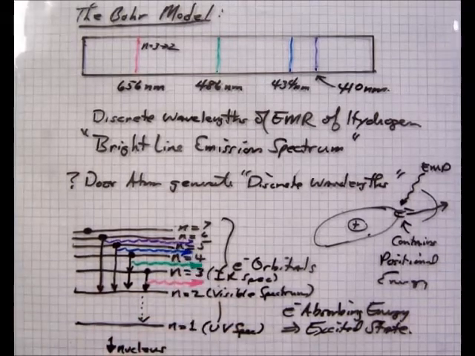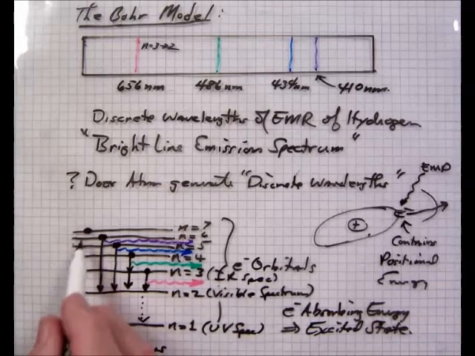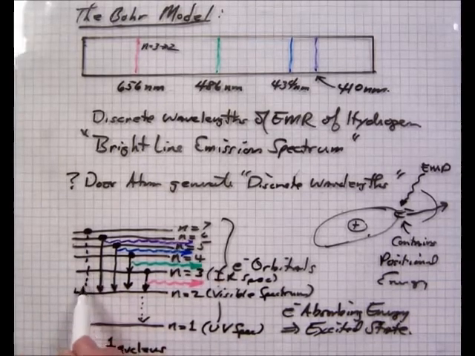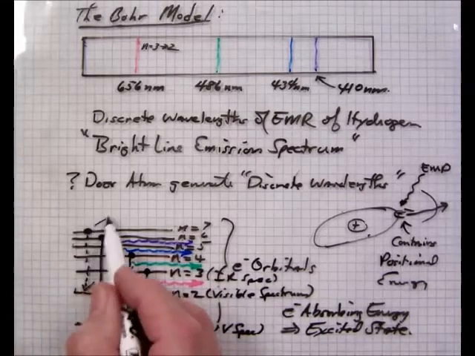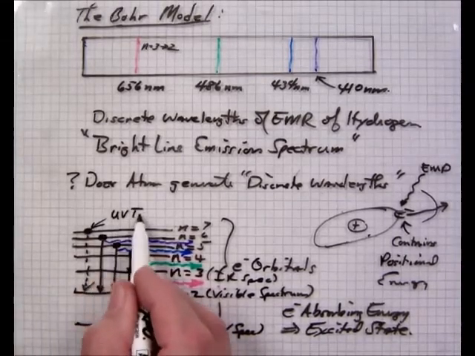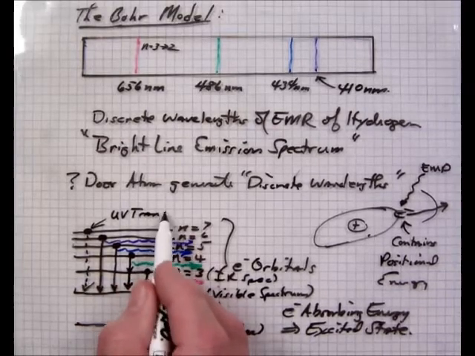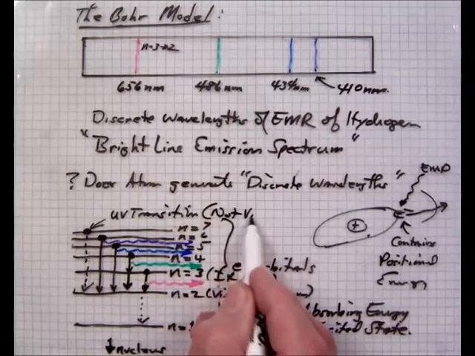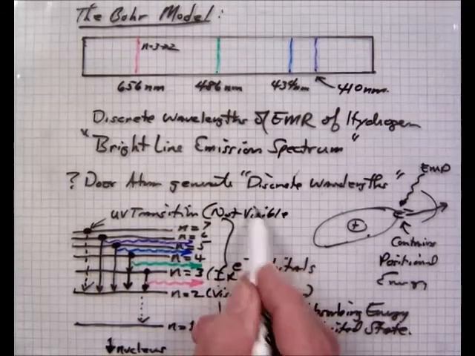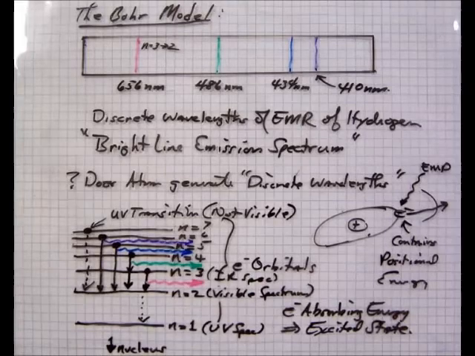And there is one more from 7 to 2, but that's in the UV range and we can't see this. That transition's not viewable.